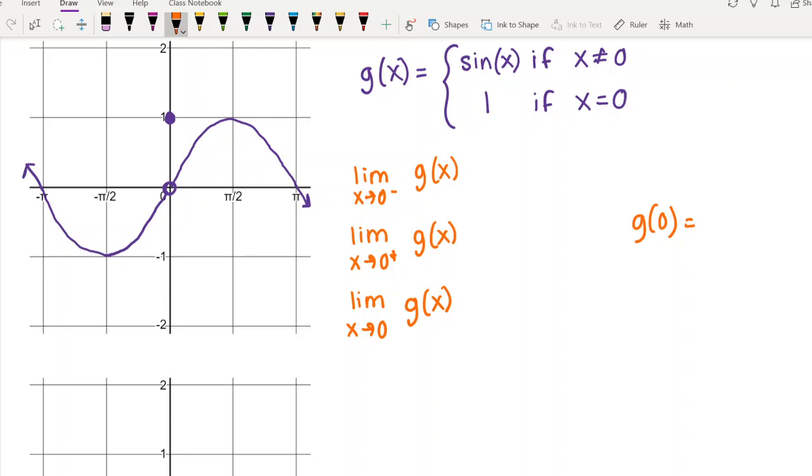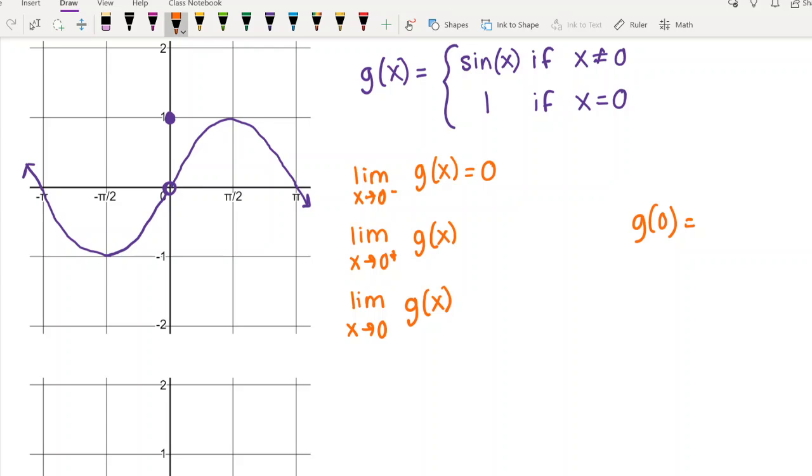So we're basically looking at plugging in x values that are just to the left of 0. So we're looking at getting closer and closer to 0 from the x direction. And basically what we see is that the graph is heading towards a y value of 0. Even though the graph does not have a filled in point at 0, it's heading towards there, right? If you ignore the point at 0 and see what the general trend is, you would guess that the graph is going to 0. And so that's what we put as our limit.